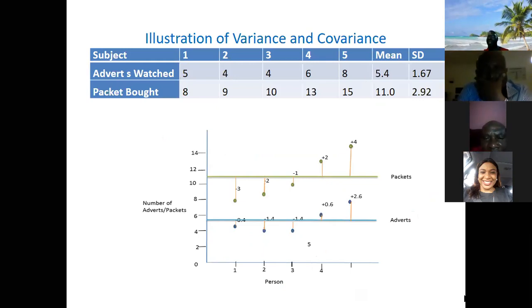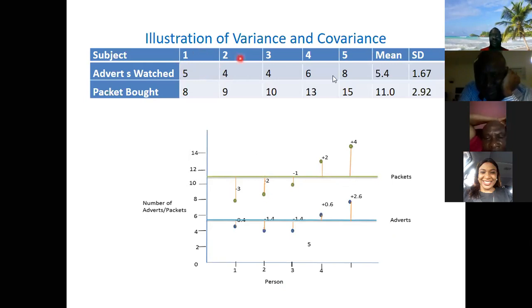Now, let's quickly illustrate variance and covariance. There are things that are similar: both of them are measures of variability. The variance is about variability of one variable, covariance is variability of two variables together. For example, a product was being advertised, and you look at the number of adverts watched by each individual.